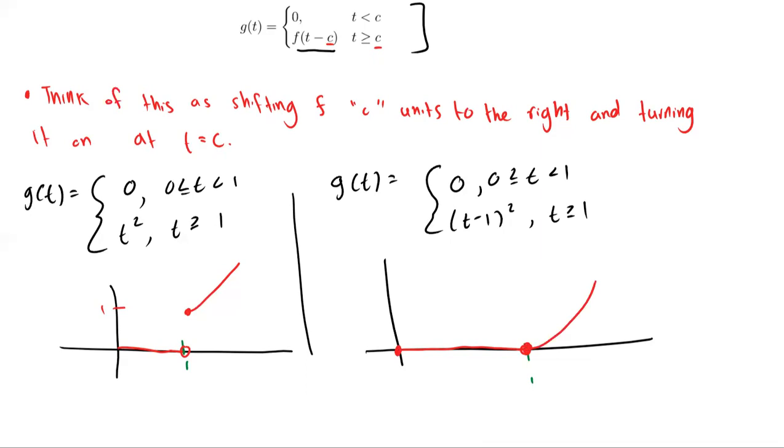So you can see that there is a difference if we write it with a shift or without a shift. That's what I mean when I say that for g of t, we're starting f at t equals c, meaning that we're doing something like this instead of something like this. You want the shift to match when you are switching on the function.